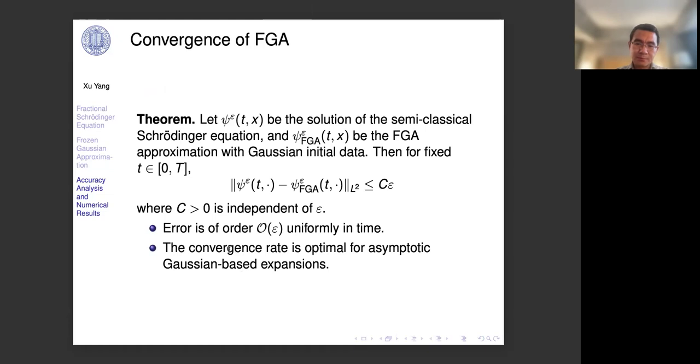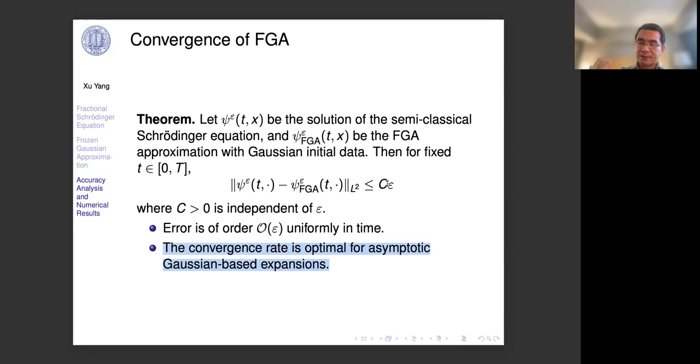Okay, so this comment is actually for the first order Gaussian beam method, where the accuracy will be epsilon to the power half. The reason is that for the Gaussian beam method, each Gaussian wave dynamics is an asymptotic solution to the Schrödinger equation, and it uses the dynamic Gaussian weight and the Hessian function.